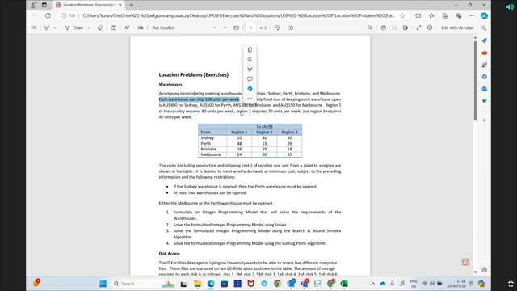Now let's see if you can connect the dots. Is the warehouse going to be in the region or in the city? Good, in the city.